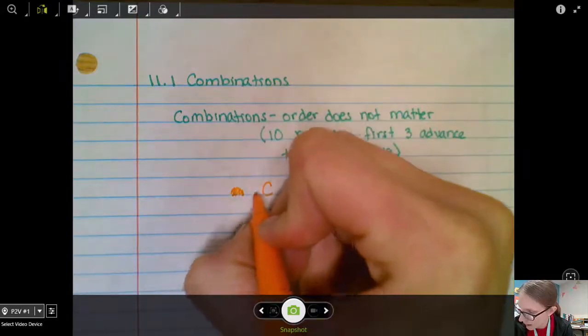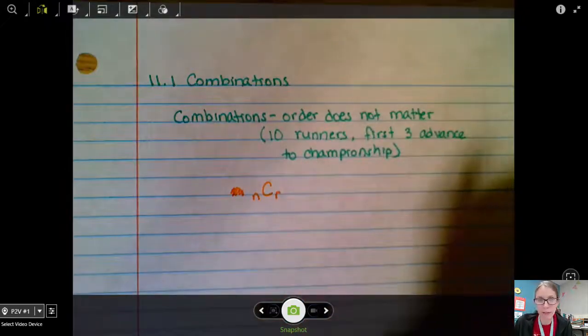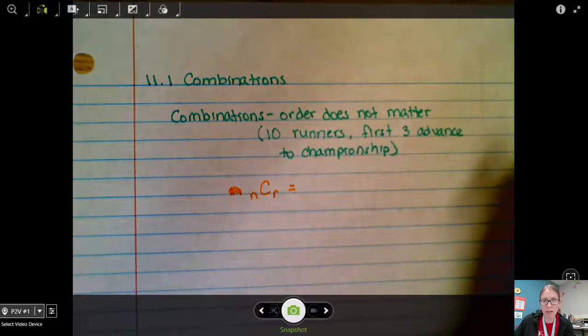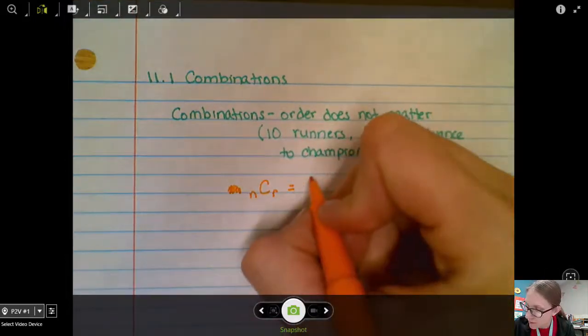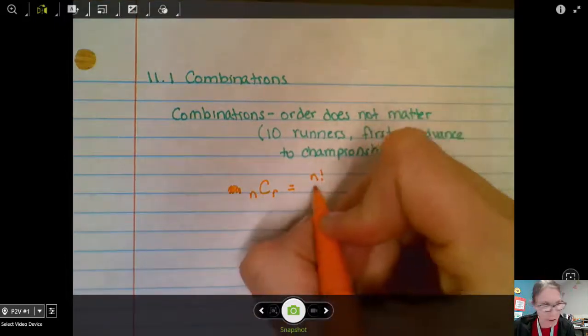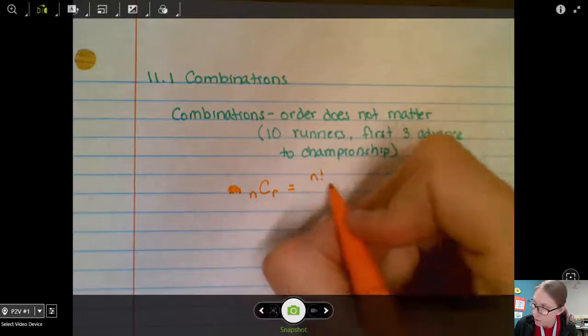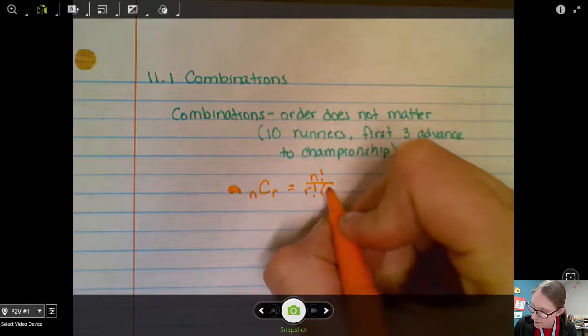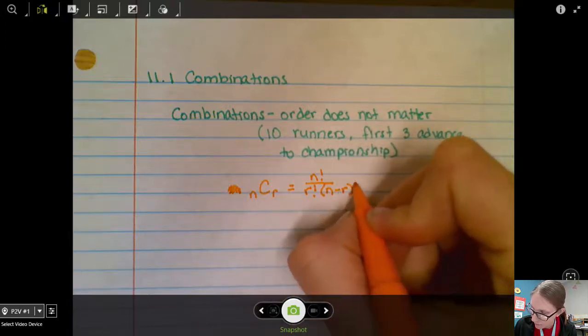We have the capital C, subscript n before, and a subscript r behind. So the number of combinations is n factorial over r factorial times n minus r factorial.